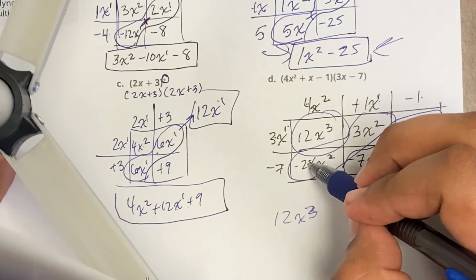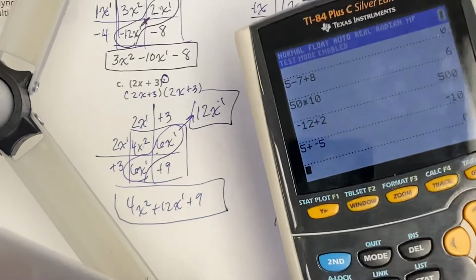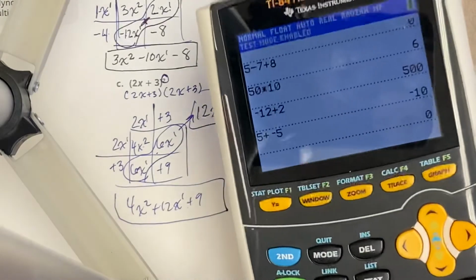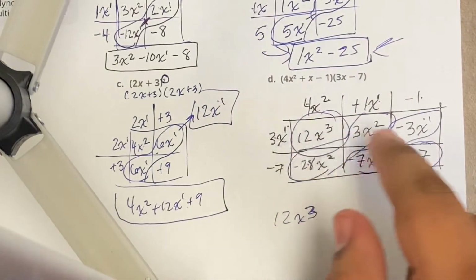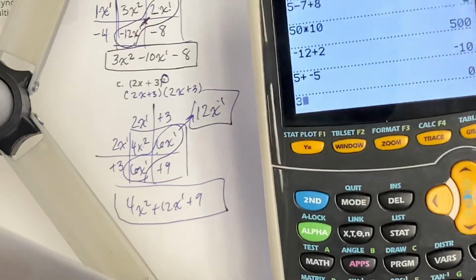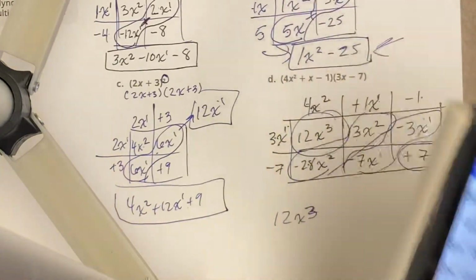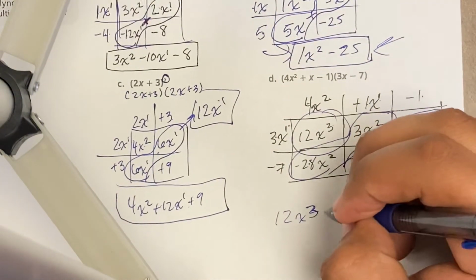3 plus negative 28. Oh my gosh. Hopefully you saw that mess because my phone just went berserk. Hopefully you saw that wonderfulness. I'm hoping because I don't want to redo it. 3 plus negative 28, negative 25x squared.